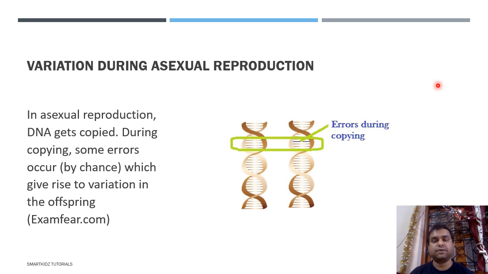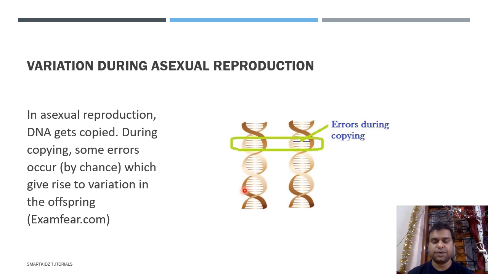As a result, over a period of time, these changes accumulate and become permanent, and a new species may be formed, or an existing species with a new capability or a new deformity may be formed. These are caused basically by errors which occur by chance. Sometimes they may occur even due to certain environmental conditions as well.